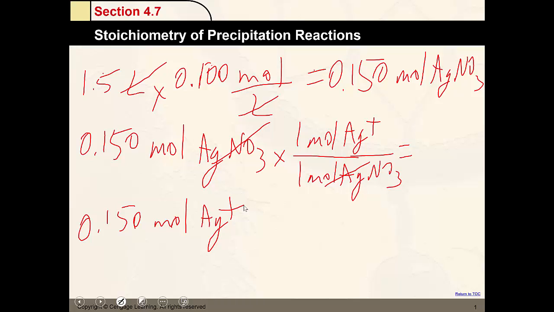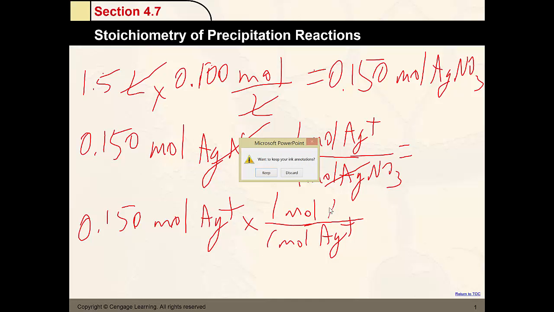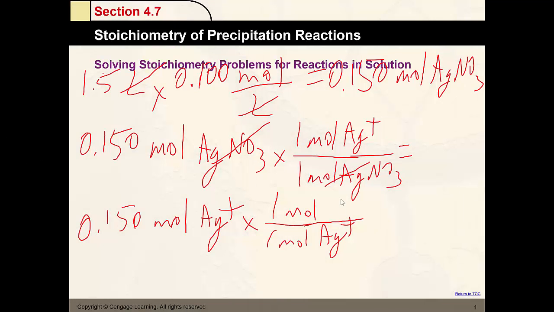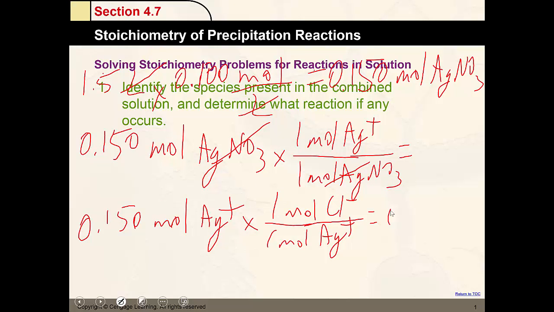So now we know the anion that precipitates the silver cation is Cl-. So if you look back at your balanced net ionic equation, for every 1 mole of silver, that was the coefficient in front of silver, there is 1 mole of the chloride ion. So that number of moles remains the same.